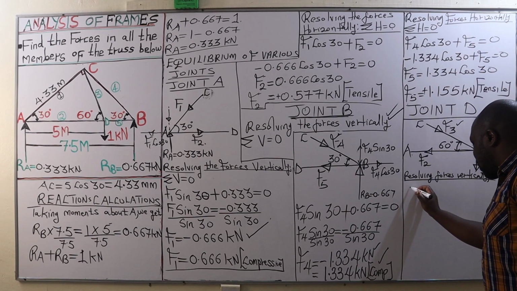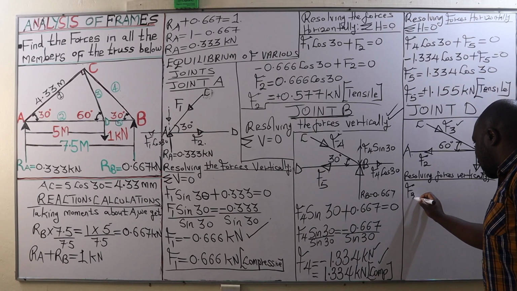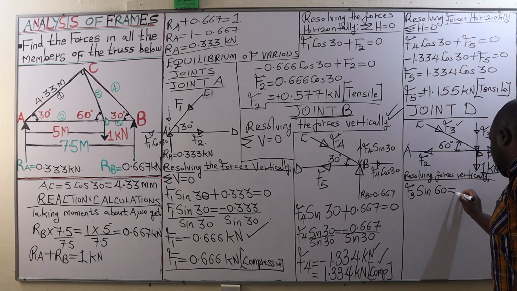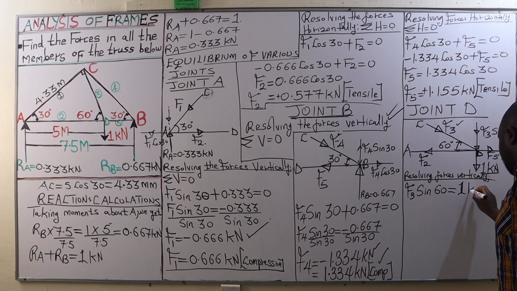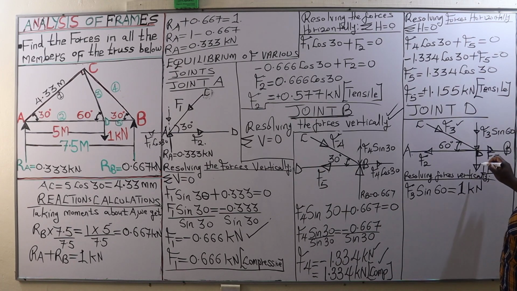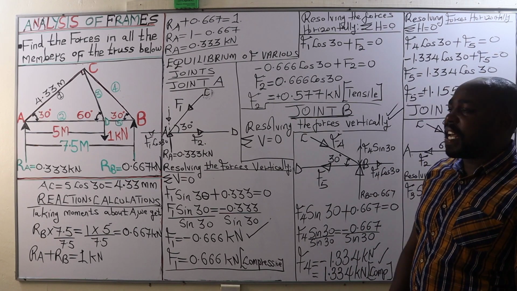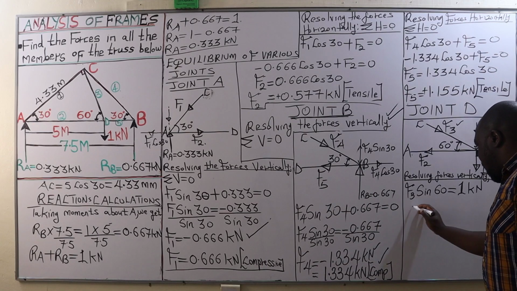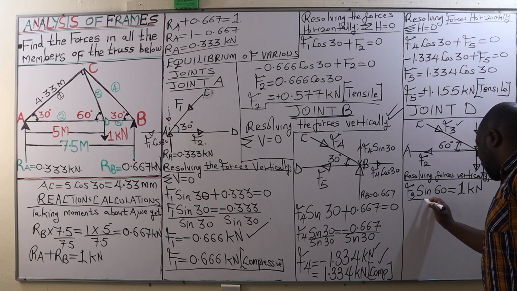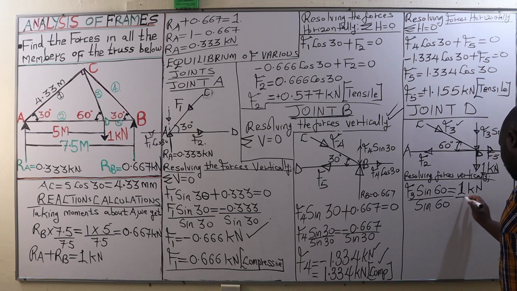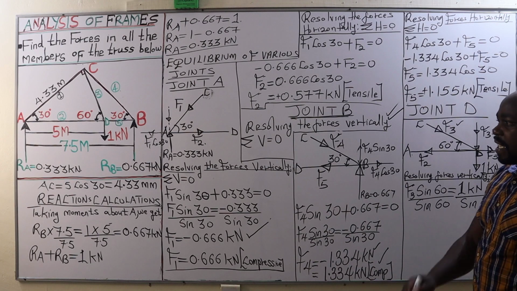Therefore, we are going to say that F3 sine 60 is equal to 1 kilonewton, because these are the forces acting in the same direction. To get the value of F3, we are going to divide through by sine 60.